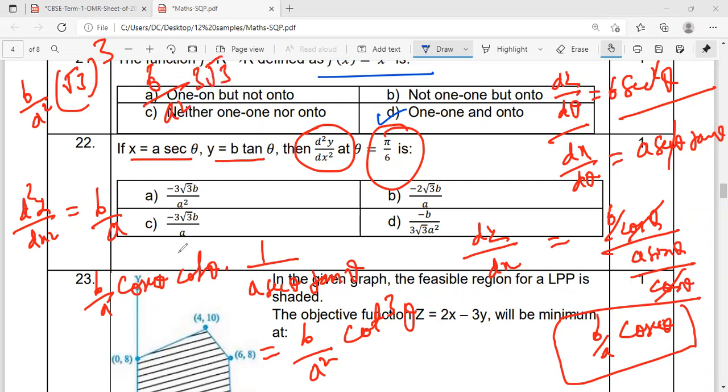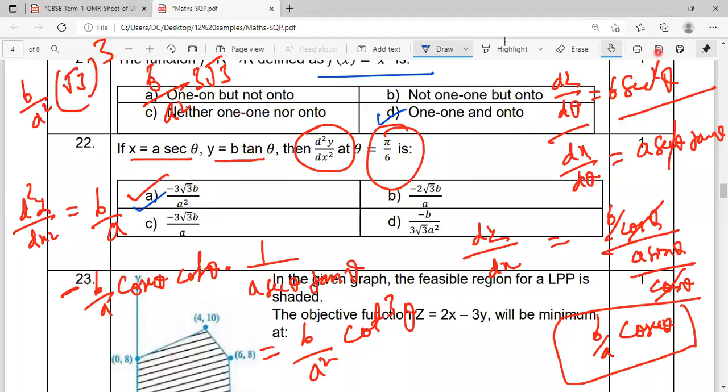Yes, the derivative of cosec theta is negative of cosec cot. So here we have a negative sign also. And then you differentiate this and you are getting minus b by a square 3 root 3. So option A is the right answer.